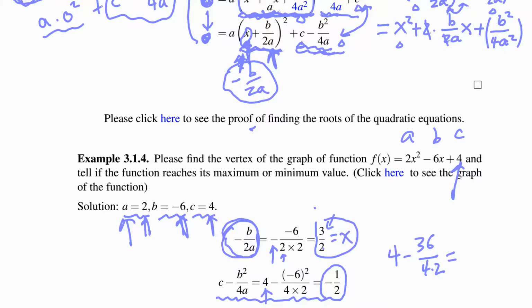You can see that will be 4 minus 9 over 2. Then it's going to be 8 over 2 minus 9 over 2, which gives us negative 1/2. 8 minus 9 is negative 1. So we got that. This will be the minimum value, negative 1/2.